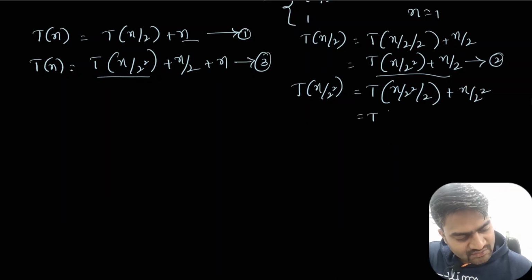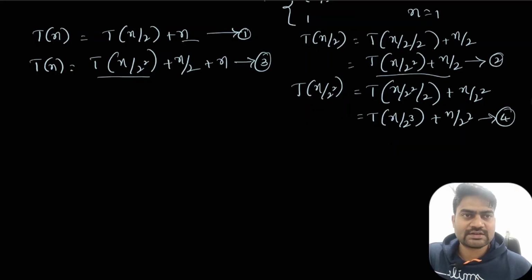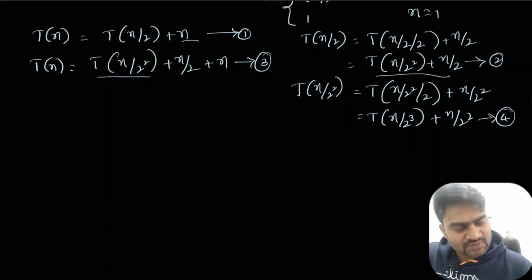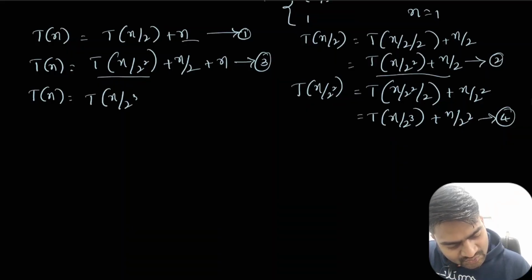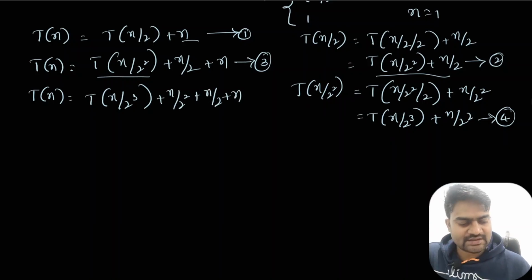So it will be T of n by 2 cube plus n by 2 square. I'll call this my fourth equation. Now I will substitute my fourth equation in the third equation. So T of n will be T of n by 2 cube plus n by 2 square plus n by 2 plus n. This is my fifth equation.